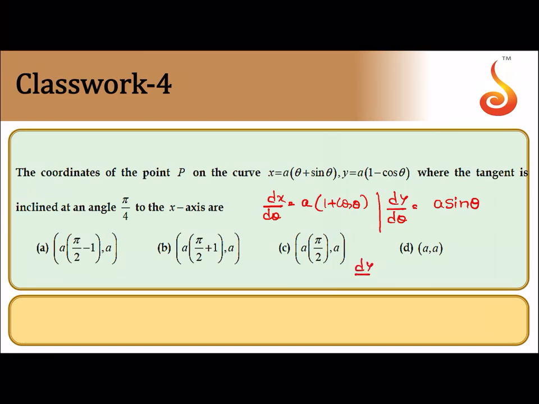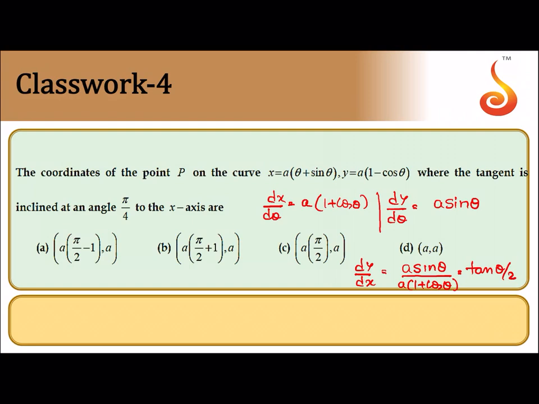So what is dy by dx? dx by d theta will give you a into 1 plus cos theta. Similarly, dy by d theta will give you a sin theta.